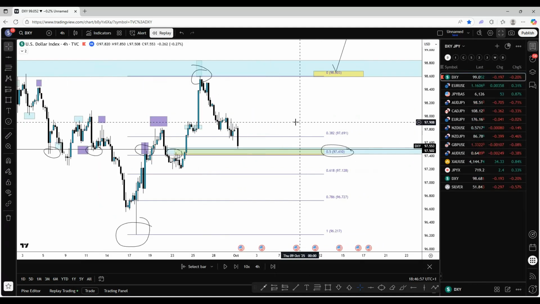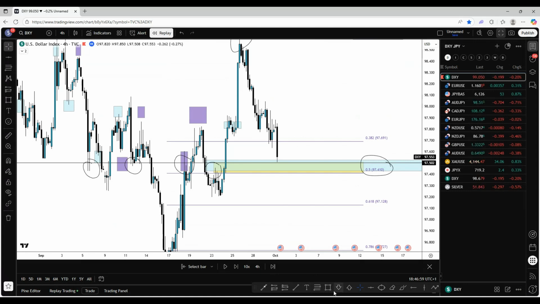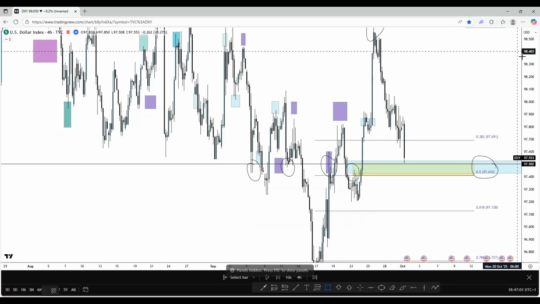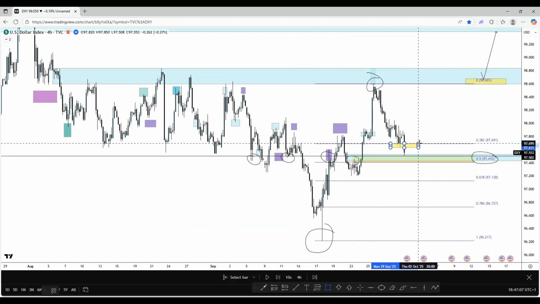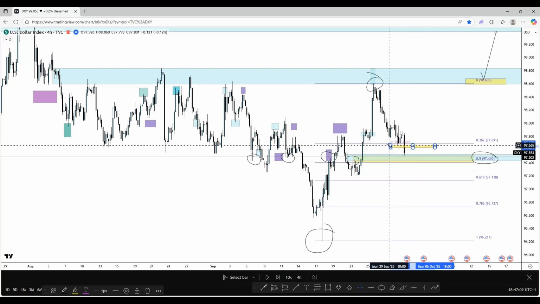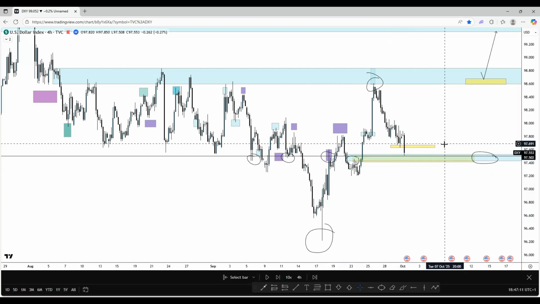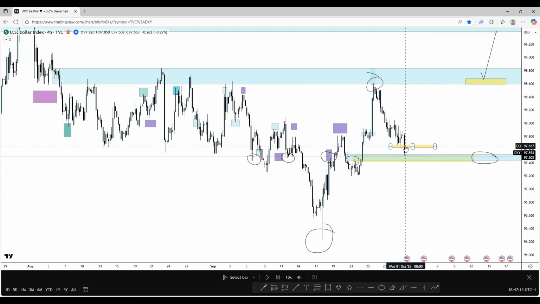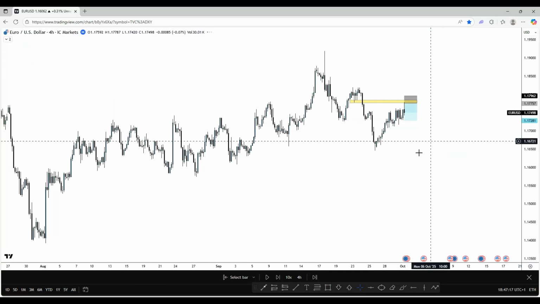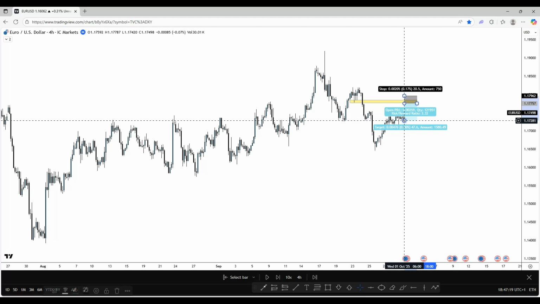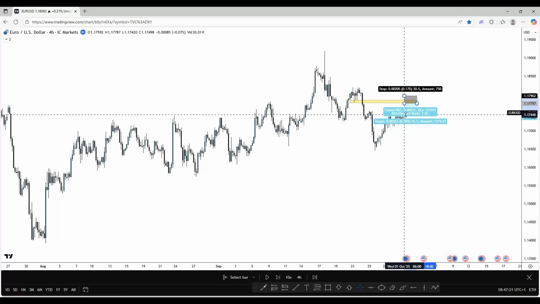I was looking at the dollar and saying, where is price potentially going to reverse if price bounces here? To be honest with you, my main concern was that little break retest level there. So once price reached that zone, I took my take profit on Euro US dollar, which resulted in a 1.5R position, which was this.